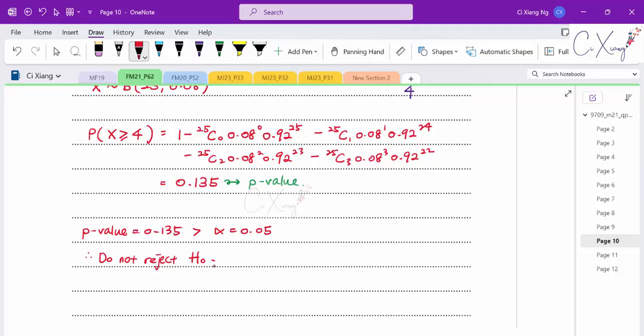Okay, so if I do not reject the null hypothesis, you should make a sentence that concludes in the context of the question. So I can say like this.